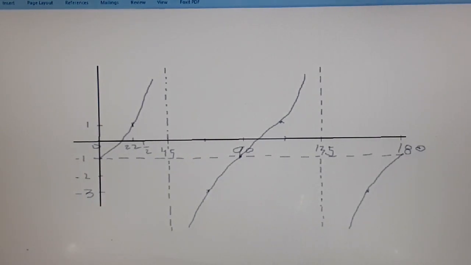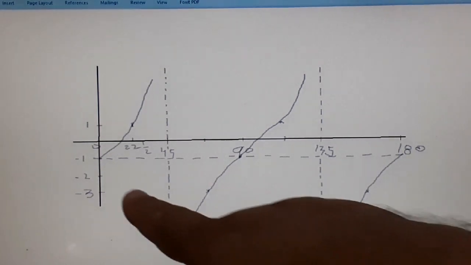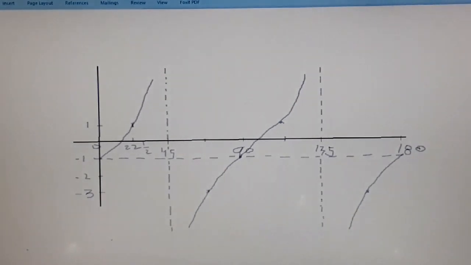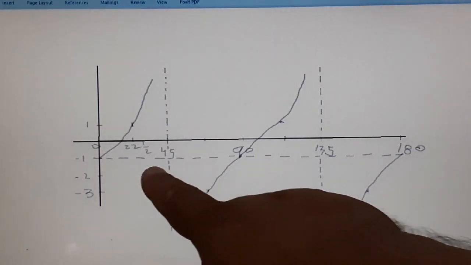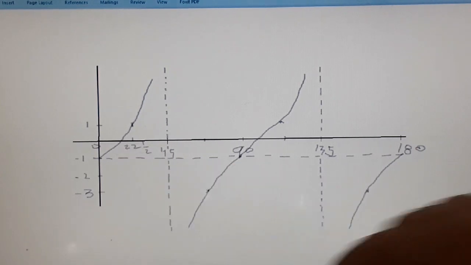As we have calculated, c plus a is 1 and c minus a is minus 3. From 0 to 45, this is our interval where tan will lie in the first quadrant. So the curve should be in the upper part of the axis of the curve. So we will take this midpoint.